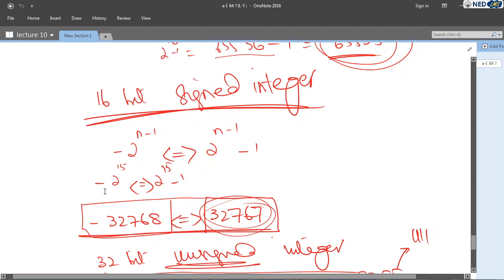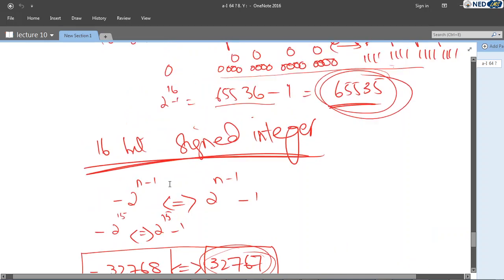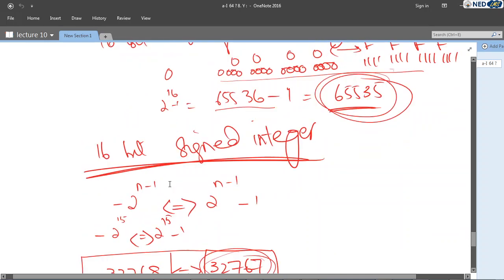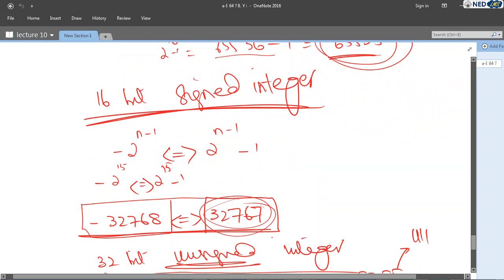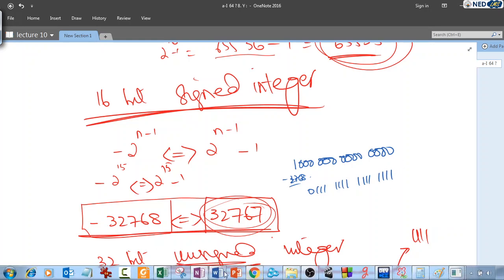So a 16-bit signed integer would go from -32768 all the way to 32767, and that's what it is defined over here.